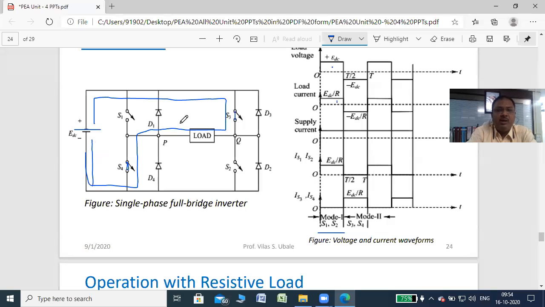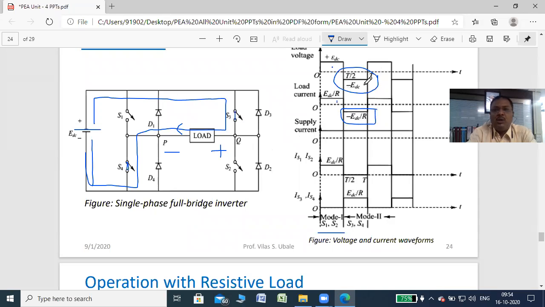You can check here, the current direction is reverse. This time the voltage across load Q is positive with respect to P, right? So the current direction is negative. You can check here, minus EDC by R, and this time the voltage is also negative, that is minus EDC.